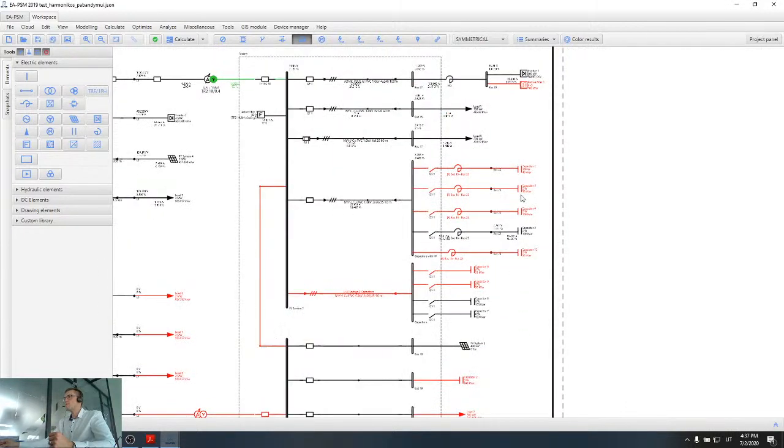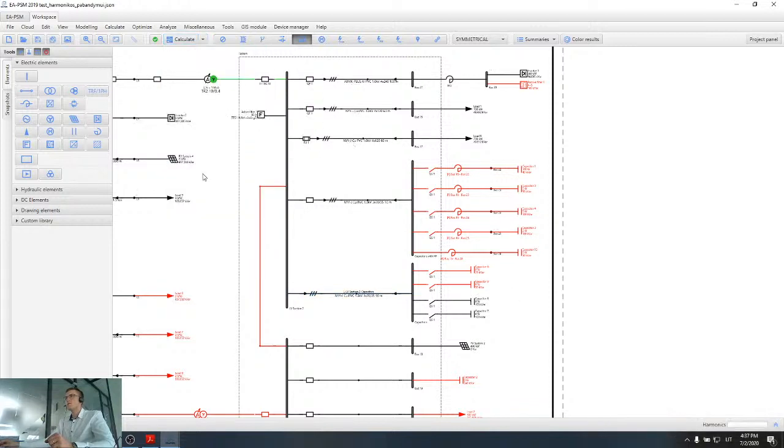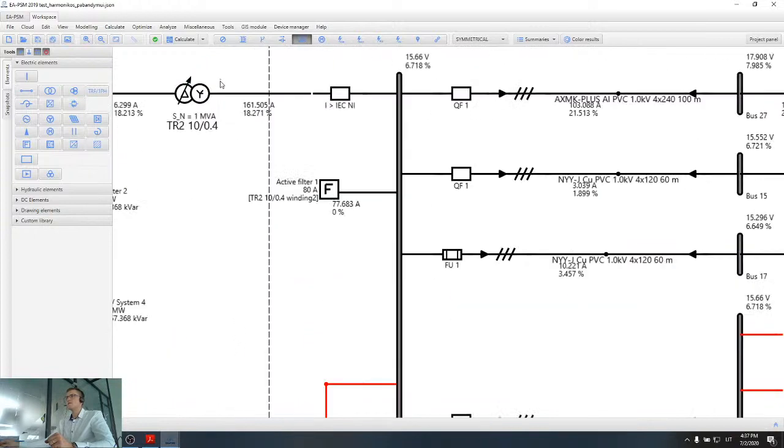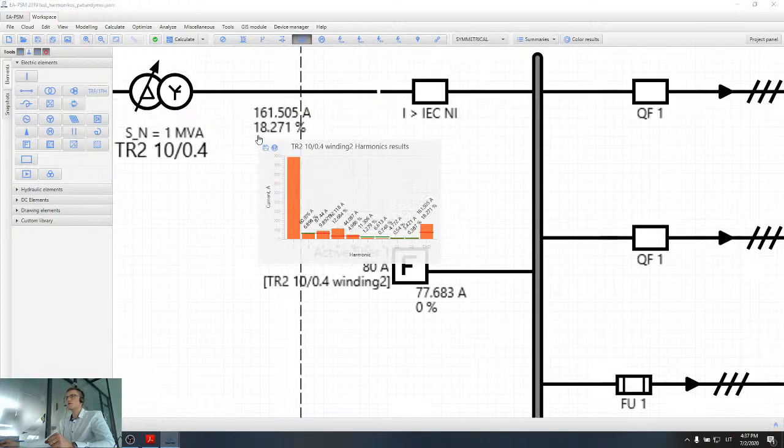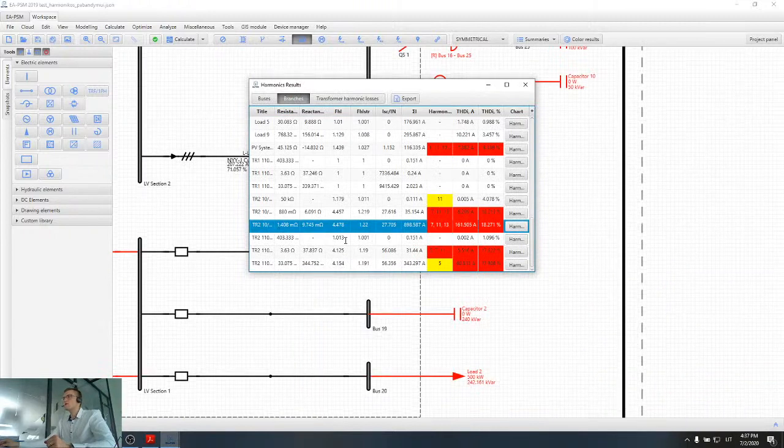However, if I don't have filters in the network, for example no active filter or reactive filter, and I have capacitors connected, let's calculate harmonics now, and I have a huge harmonic current, like 18%. Now my transformer will be much more affected by the harmonics.